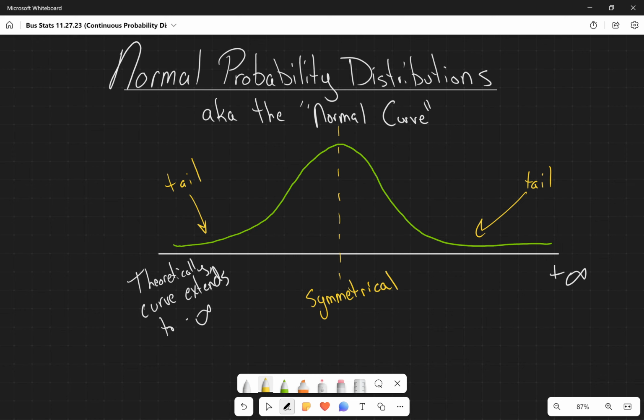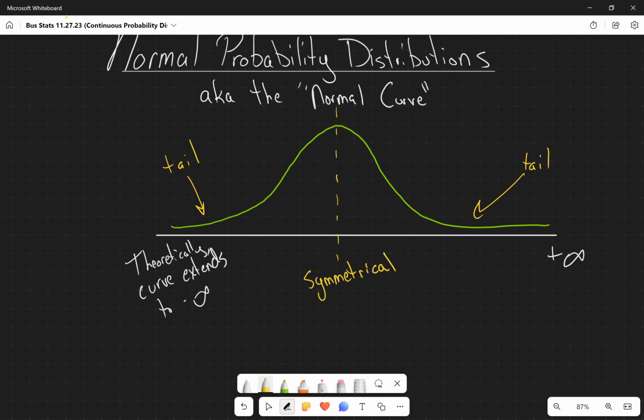And the nice thing about a normal curve is that in this symmetrical line right in the middle, we have our mean, which is equal to our median, which is equal to our mode.